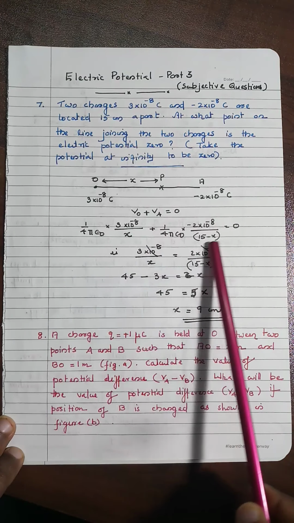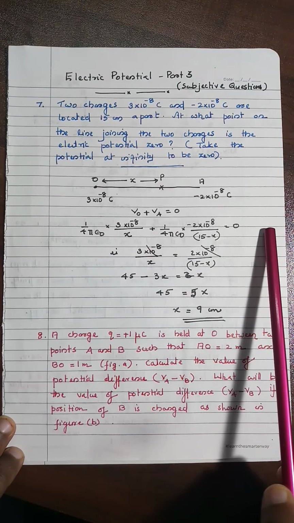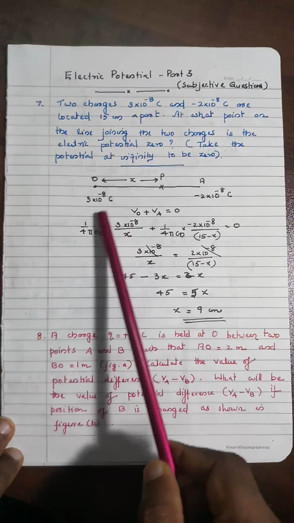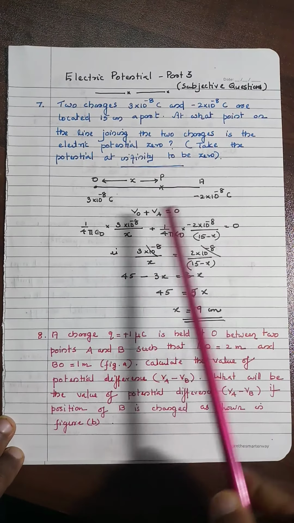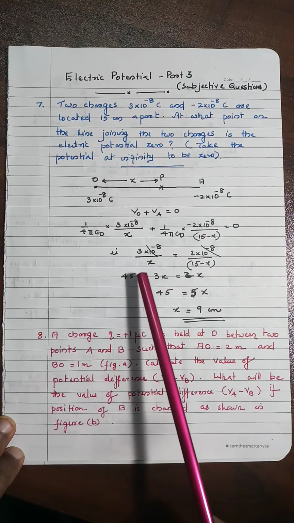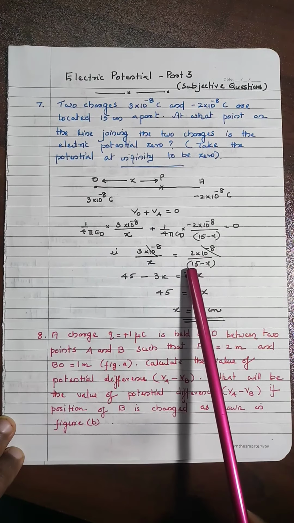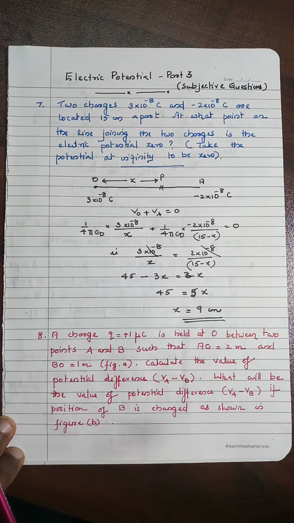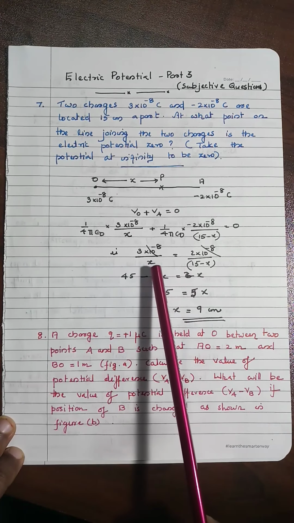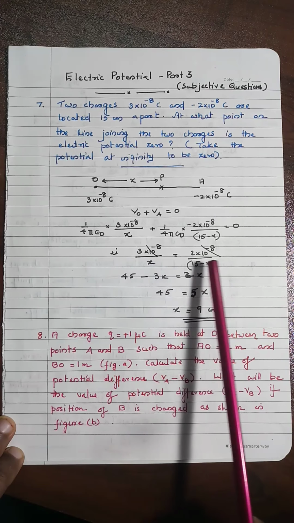So we can take this term because of the minus sign to the right hand side. You can cancel the same factors. Then you get the value as 3 by X is equal to 2 by 15 minus X. And keep in mind here, X and 15 minus X are in centimeter.